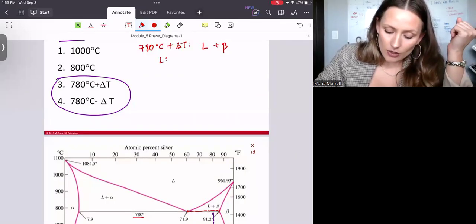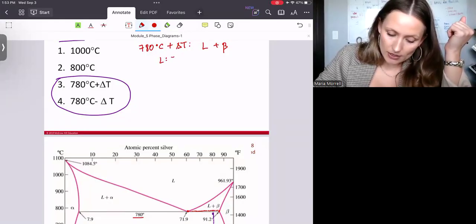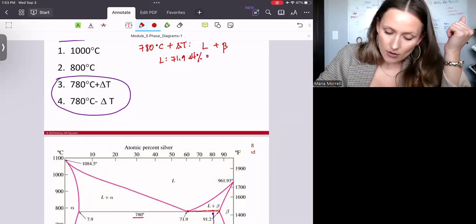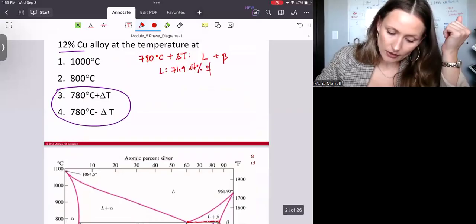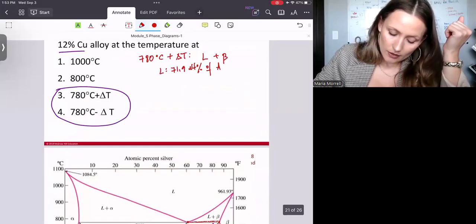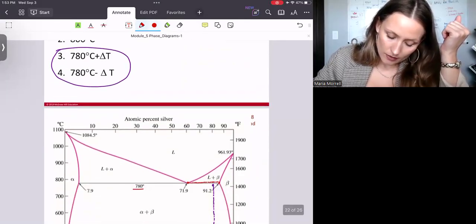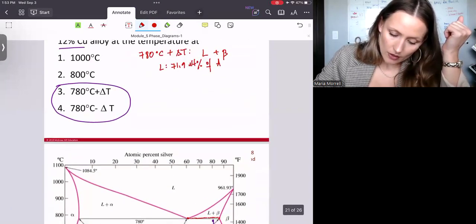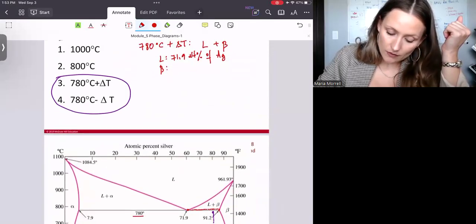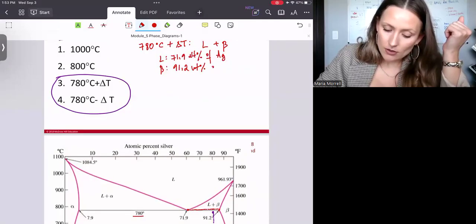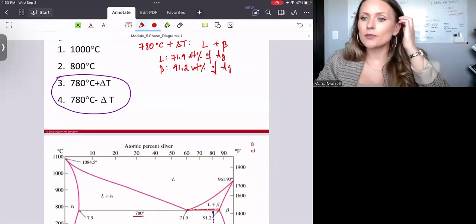The composition of liquid is going to be 71.9 weight percent of silver, Ag. And then your beta will have more silver. It's going to have 91.2 weight percent of silver.